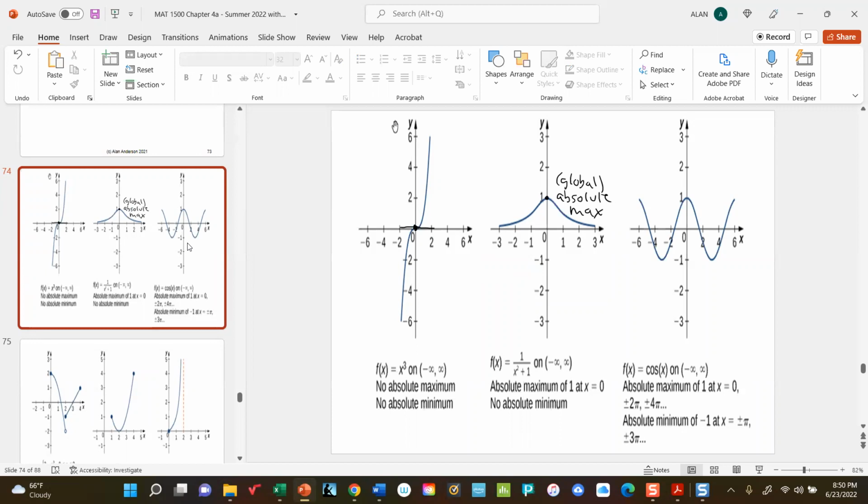Now here, this is a cosine. These are very bizarrely behaved. It just cycles through the same cycle over and over again. So within the graph, you have three absolute maxima, and then you have all these absolute minima, an infinite number of them.